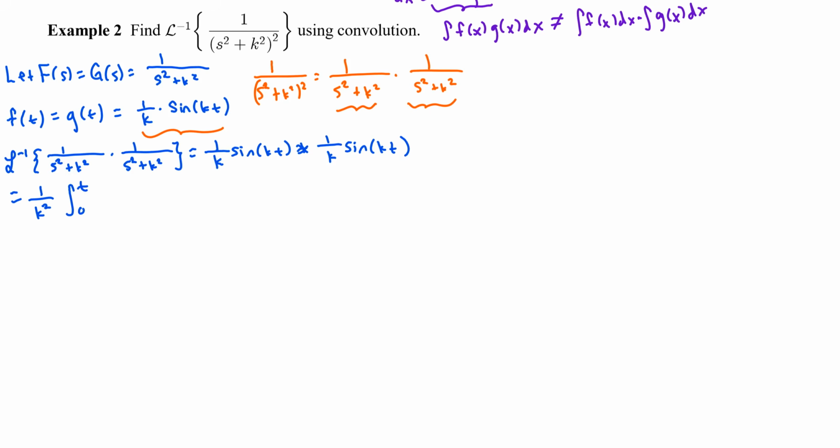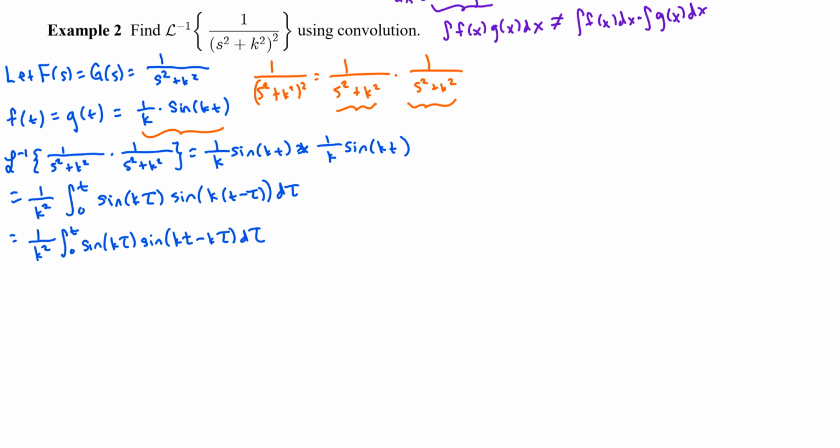So I'm going to evaluate the first function at tau and the second function at t minus tau. We may want to write that a little clearer: sine of k tau times sine of kt minus k tau d tau.